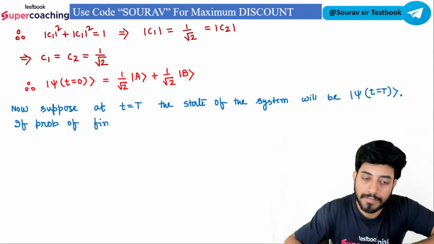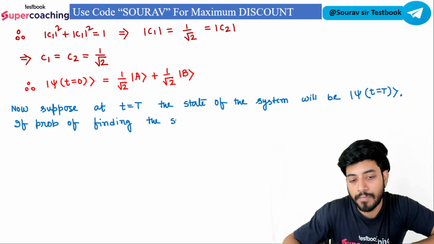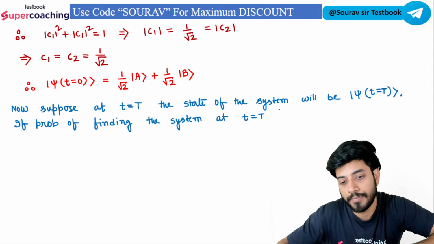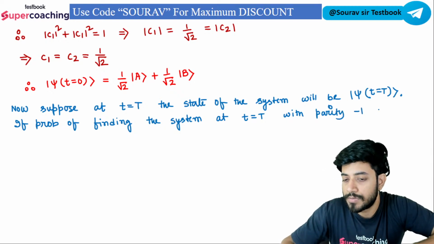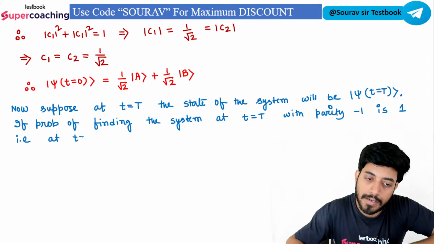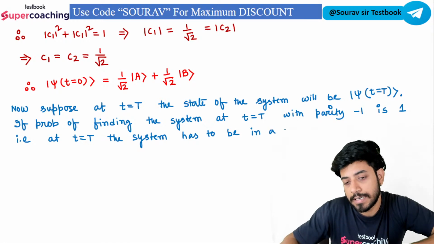of finding the system at t equals to capital T with parity -1 is 1, it means at t equals to capital T, the system has to be in a state with parity.